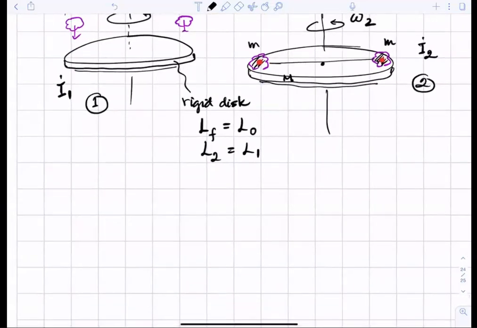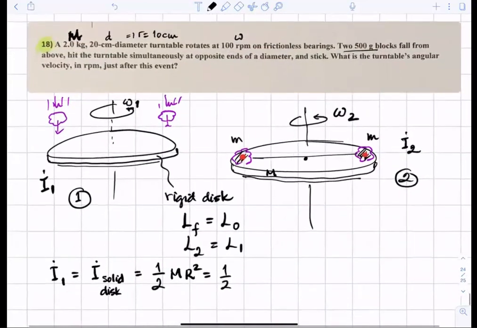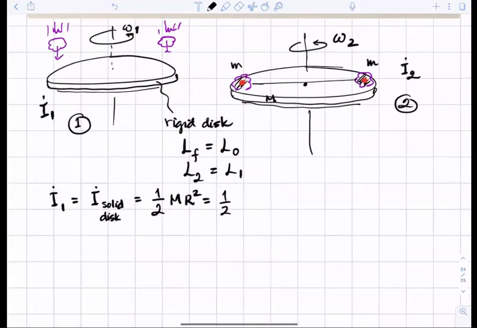First I'm going to focus on finding I1. I1 is pretty simple because we are talking about a solid disk, and this disk is spinning about the center. This is 1/2 mr squared. Now we're going to plug in our numbers. The mass here is 2 kilograms. I'm going to put a unit this time, not only at the end.